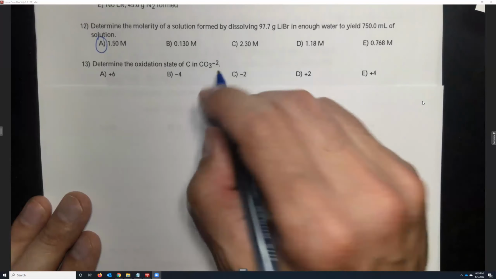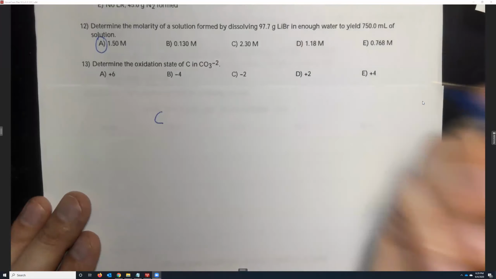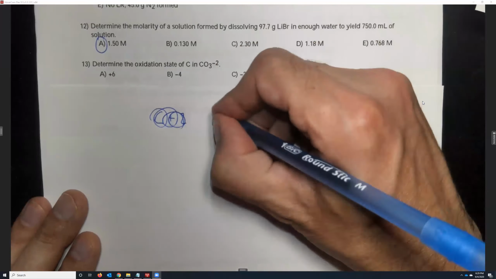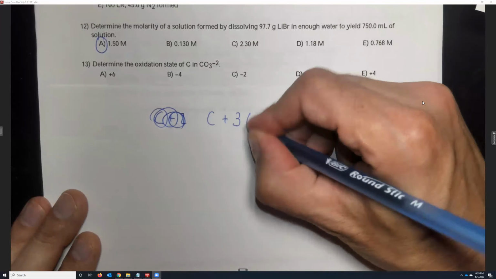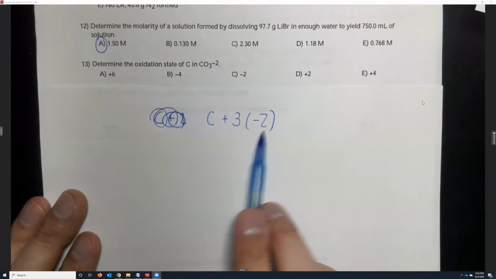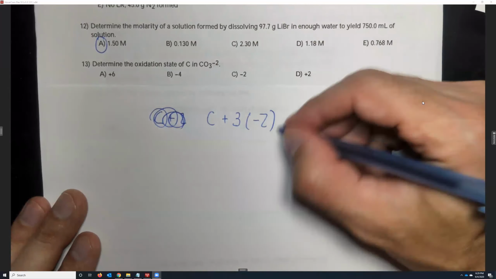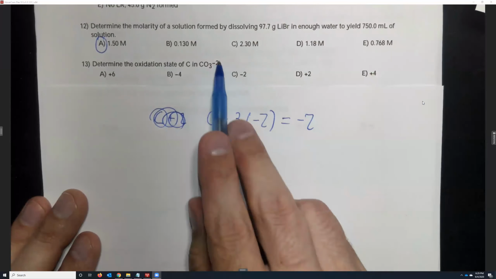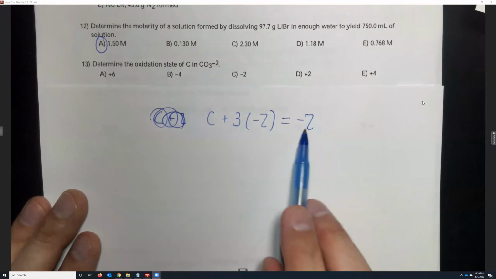So if we want to find carbon in carbonate, we do carbon, that's X, that's what we don't know, plus 3 times -2. 3 oxygens, each with a -2 oxidation state, equals -2. The overall charge on carbonate is -2. So that's what it's equal to.